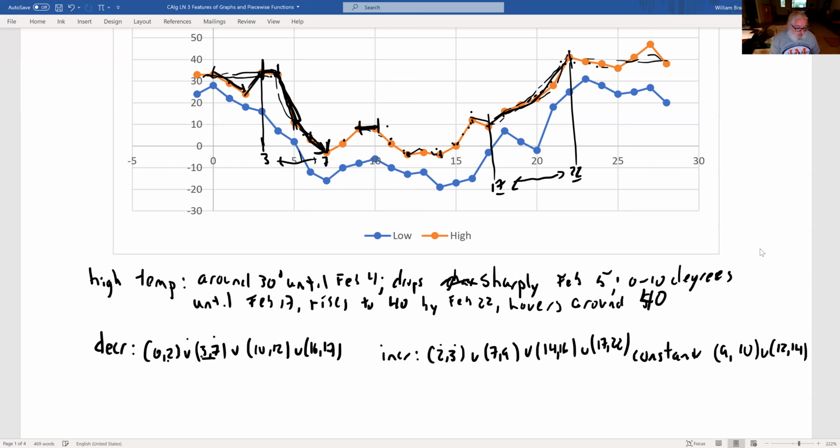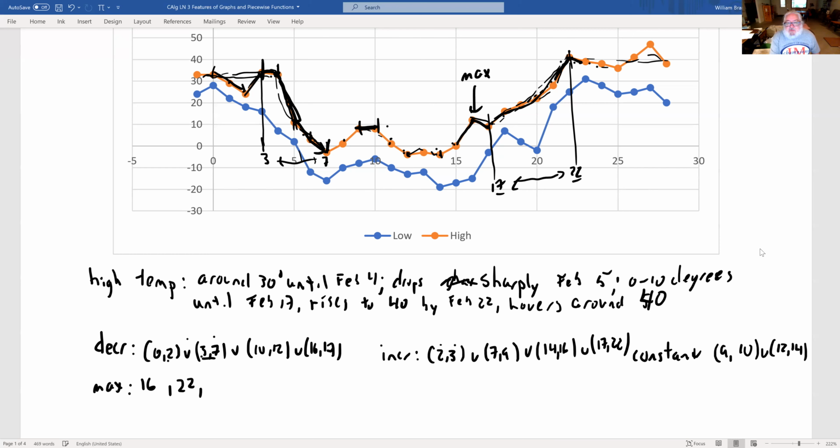Note that every time we go from increasing to decreasing, we hit a maximum. So day 16 is a maximum. Day 22, we went from increasing to decreasing, so day 22 is also a maximum.